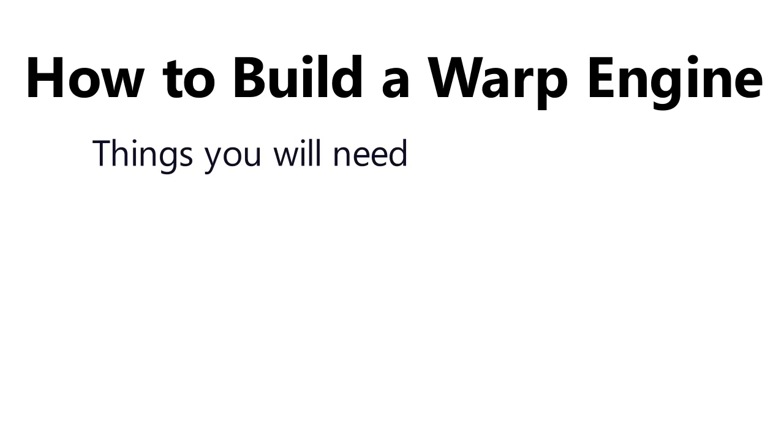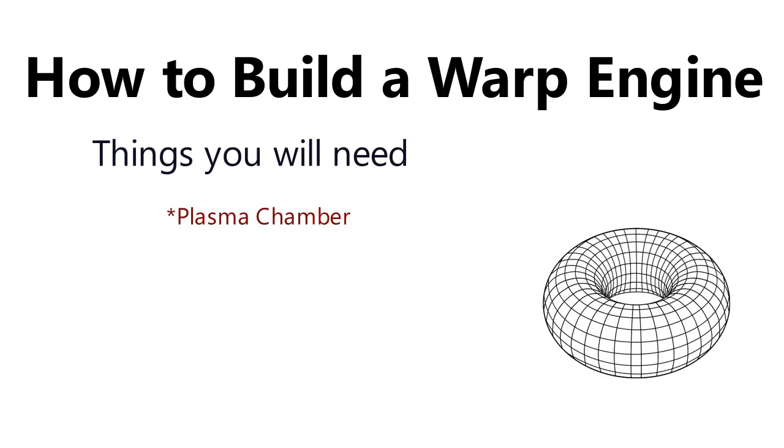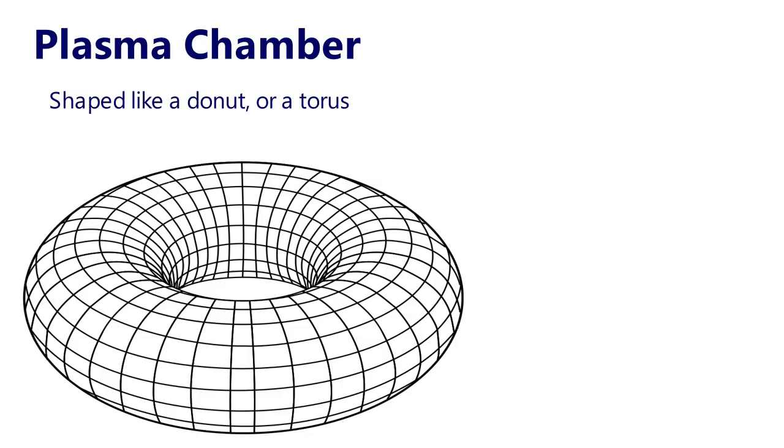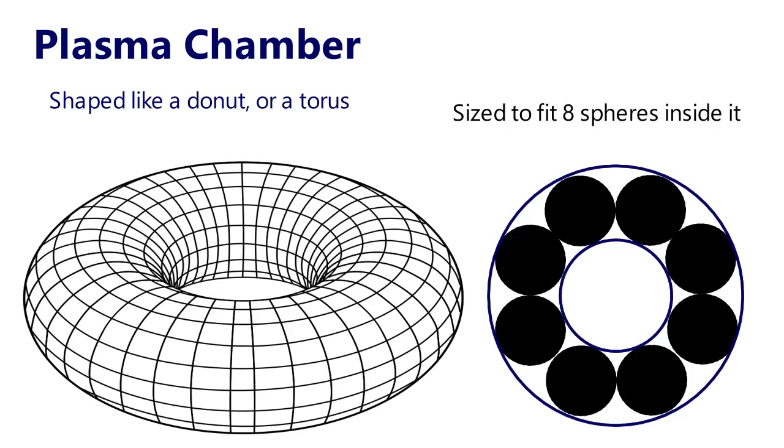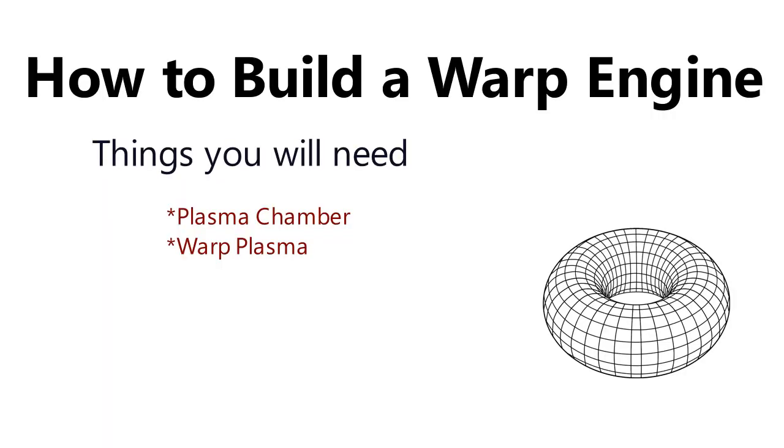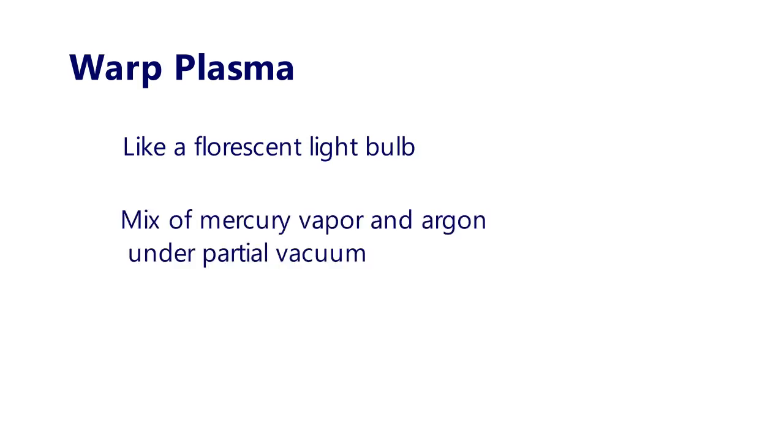The things you're going to need, first off, would be a plasma chamber. It should be shaped like a donut or a torus, and it should be able to fit 8 spheres neatly inside of it. Next, we need some warp plasma. It certainly sounds exotic, but you can find plasma inside any fluorescent light. It's usually a small amount of mercury vapor mixed with inert argon gas. Now, to turn that gas into plasma, you need an exciter circuit.